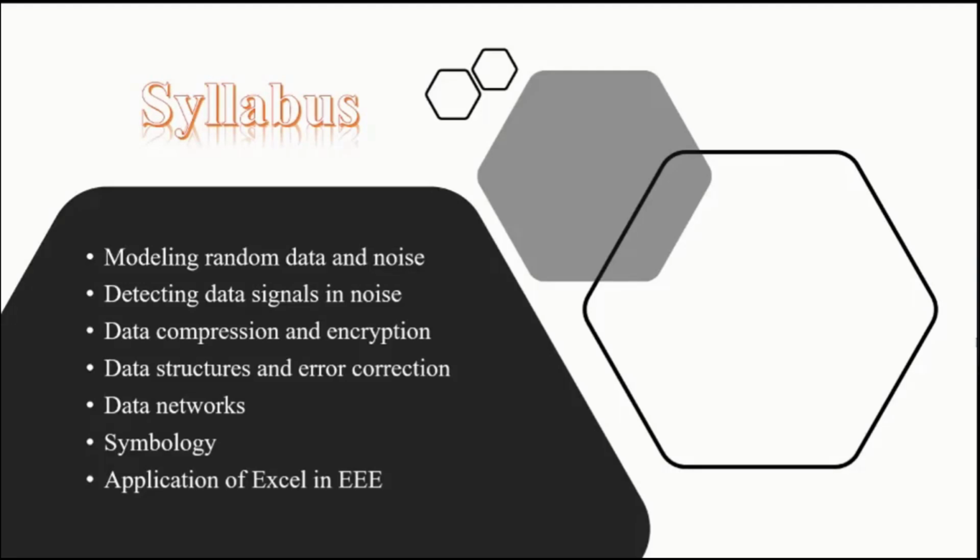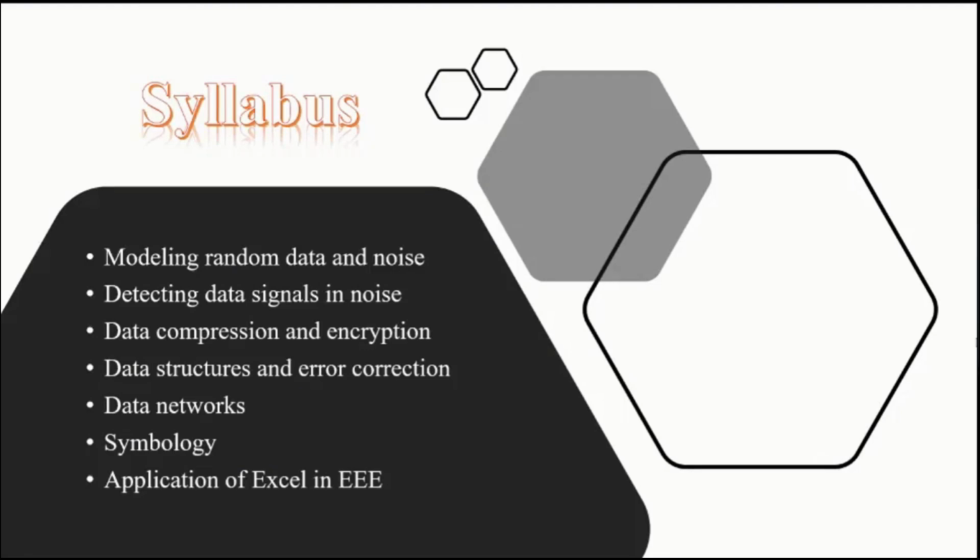Then I will talk about the data networks. What is the meaning of networks? What is the internet, intranet? What is the difference between them? What is the IP? Different types of protocols. Our websites, how they work through the internet, and so on.